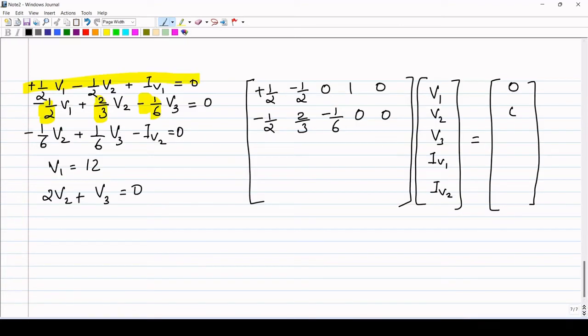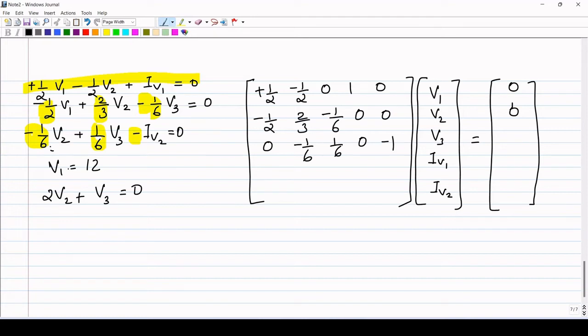Then on the third equation there is no coefficient for V1, so this is 0. Coefficient of V2 is minus 1 by 6. V3 coefficient is 1 by 6. IV1 there is 0. For IV2 it is minus 1.